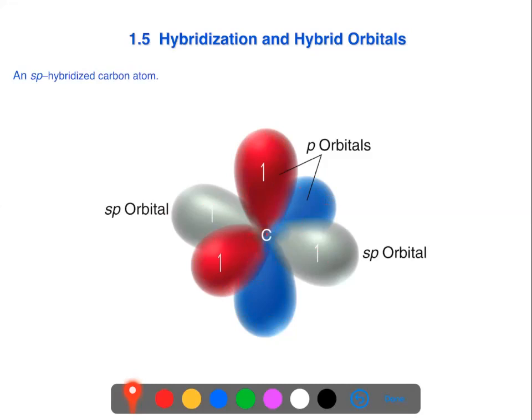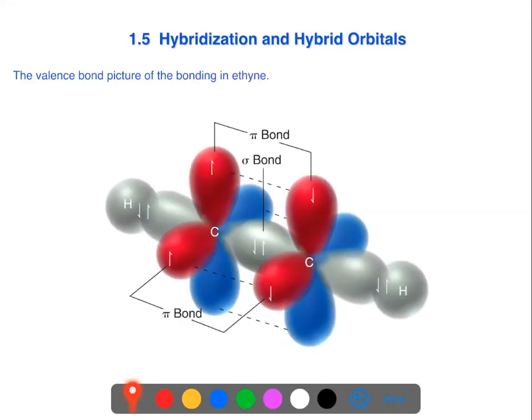So for ethine, how do we show that? We show it in this way, where each p orbital on each of the carbons, the p orbitals that are parallel to one another will form 1 pi bond, and the other 2 p orbitals that are parallel to each other will form the second pi bond.